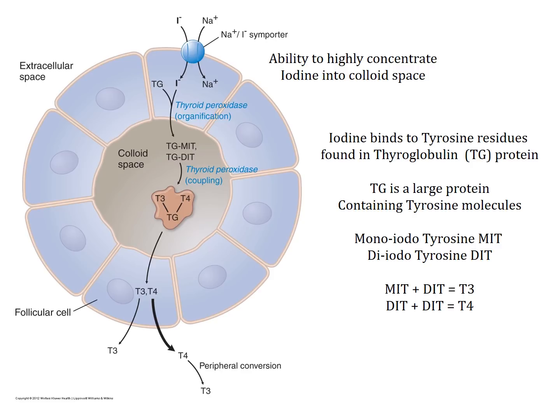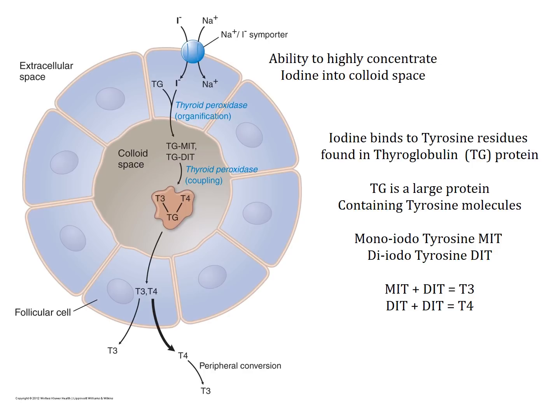In the colloid space is a big globular protein called thyroglobulin. On that thyroglobulin are tyrosine amino acids, and the target for iodine are the tyrosine amino acids.